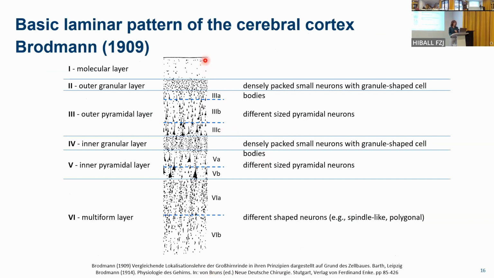All of this that you see here, from this point, which indicates the surface of the brain, to this point down here, which indicates the interface between, in this case, layer 6 and the white matter, all of this is the cortical gray matter. Okay.